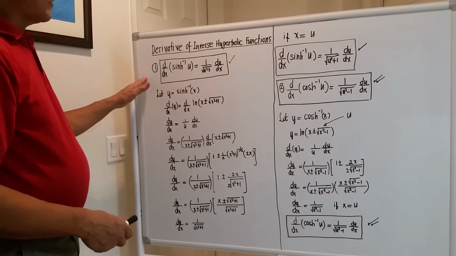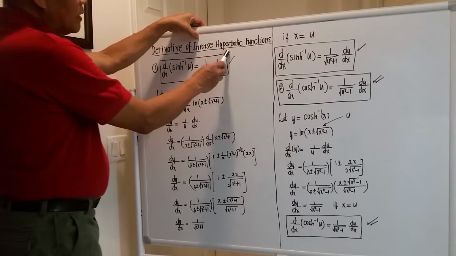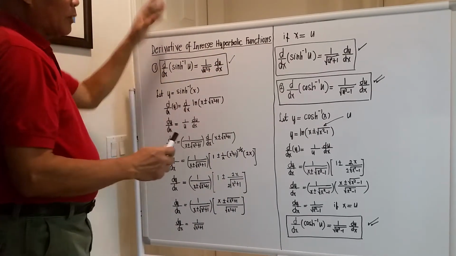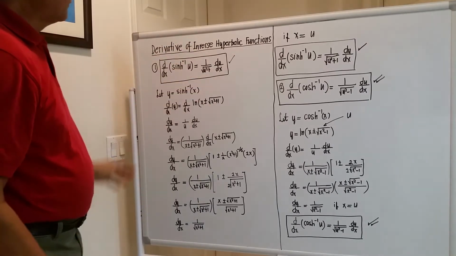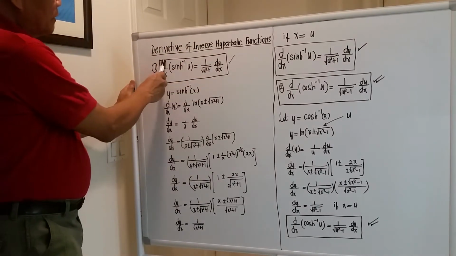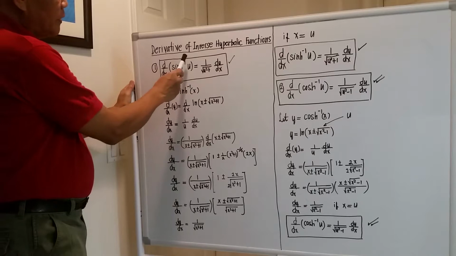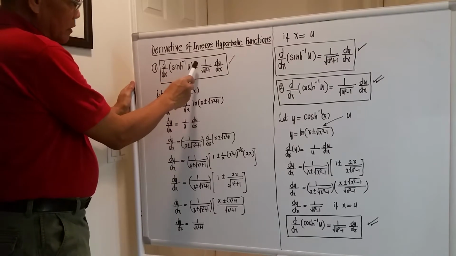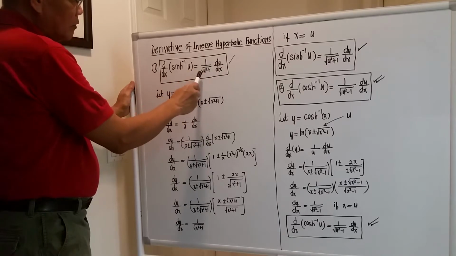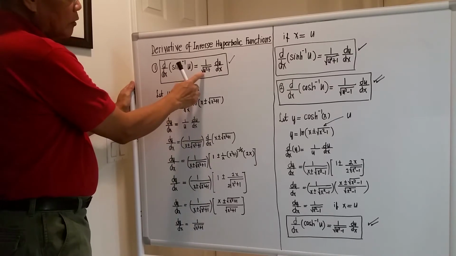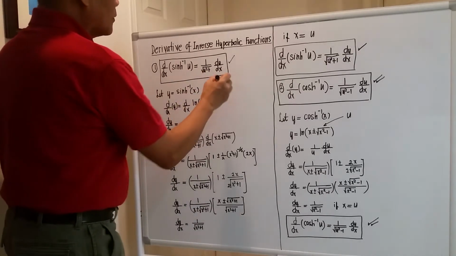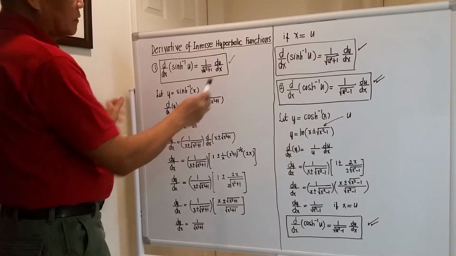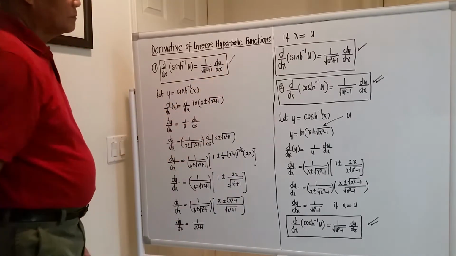The number one formula under inverse hyperbolic functions, that is under derivative. I will give you the first two formulas. The derivative with respect to x of inverse hyperbolic sine of u is equal to 1 over the square root of u squared, this should be plus 1, I forgot, plus 1, times du dx.